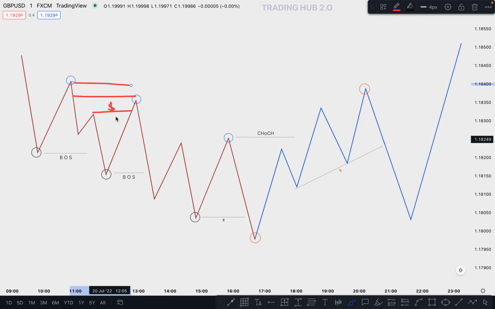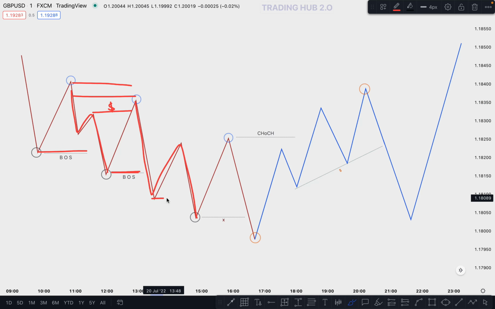So at this point most of the traders enter here for the sell, but in reality this is just inducement, correct? Then what happened? Market again breaks the structure to the downside and creates a move something like this, and the same thing happens here. In this case you can see this low formed here, above this high. Market breaks this structure and pushes downside, and again they mark this as a break of structure, but in reality this is not a break of structure.